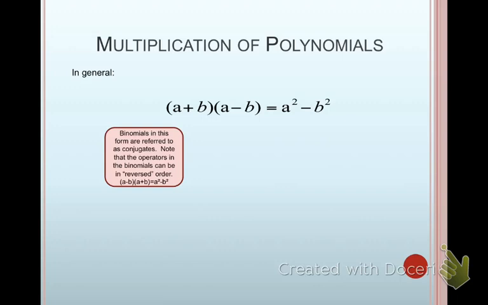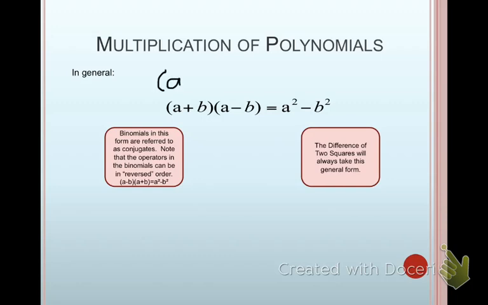Okay. Now, a little side note is these two binomials are in the form of conjugates. That just means that their operators are reversed. Also, keep in mind that technically we could also write this as a minus b times a plus b, and we would still get the same general form of a squared minus b squared.